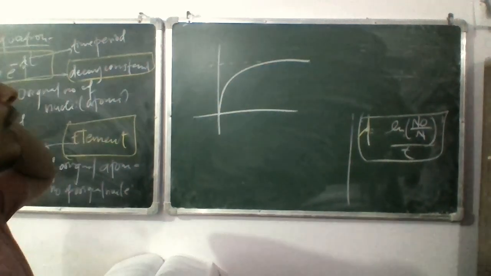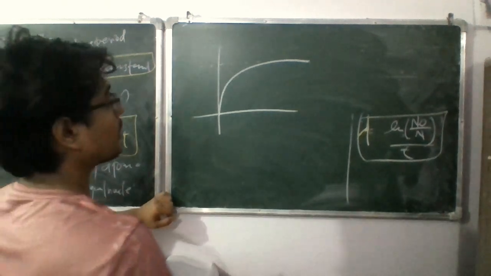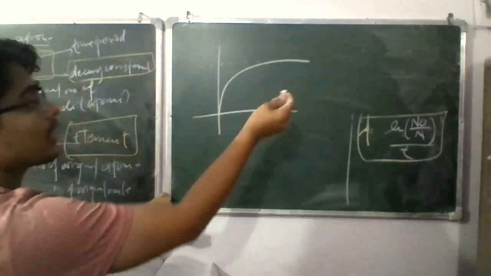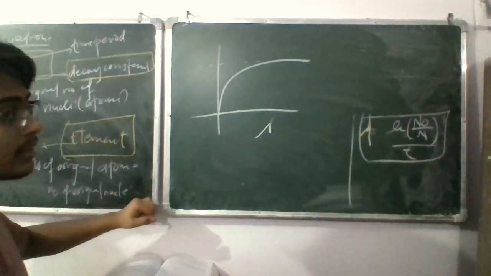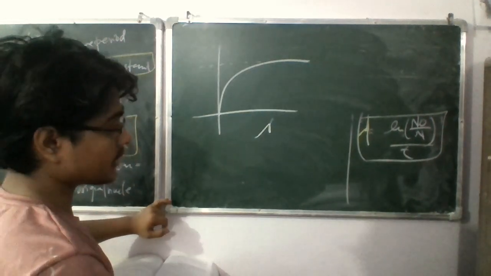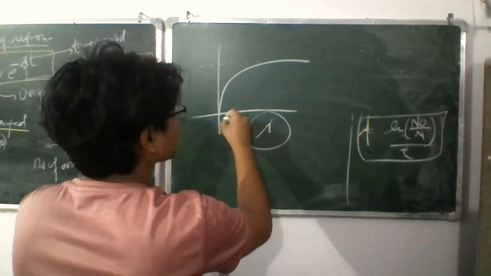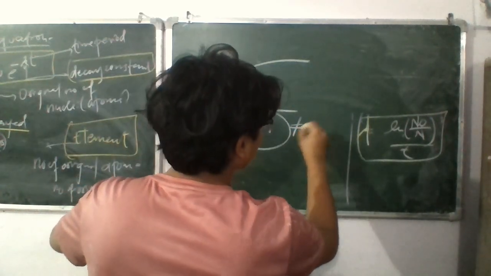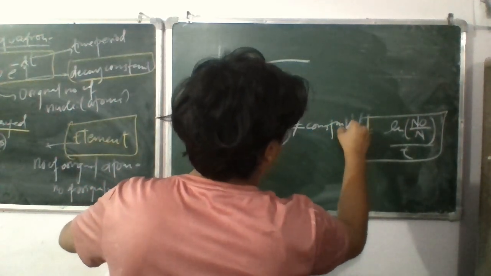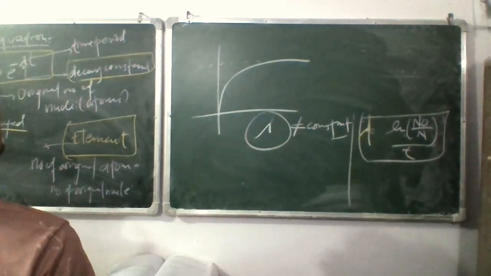Then you might think that this graph represents lambda, which means lambda is actually changing over time. That's why it's not a constant. So why are we saying this to be a decay constant?